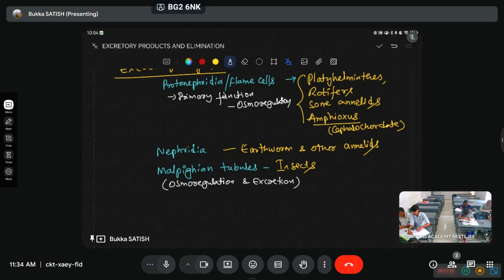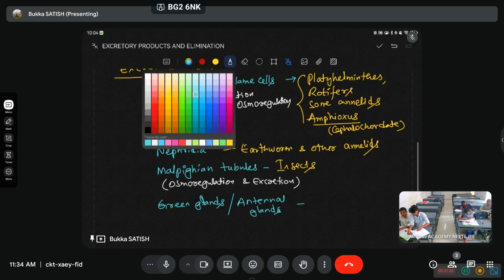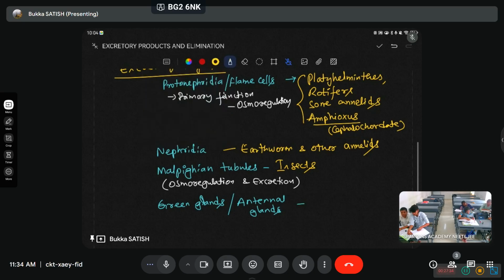Next, green glands or antennal glands. This you can see in the crustaceans.